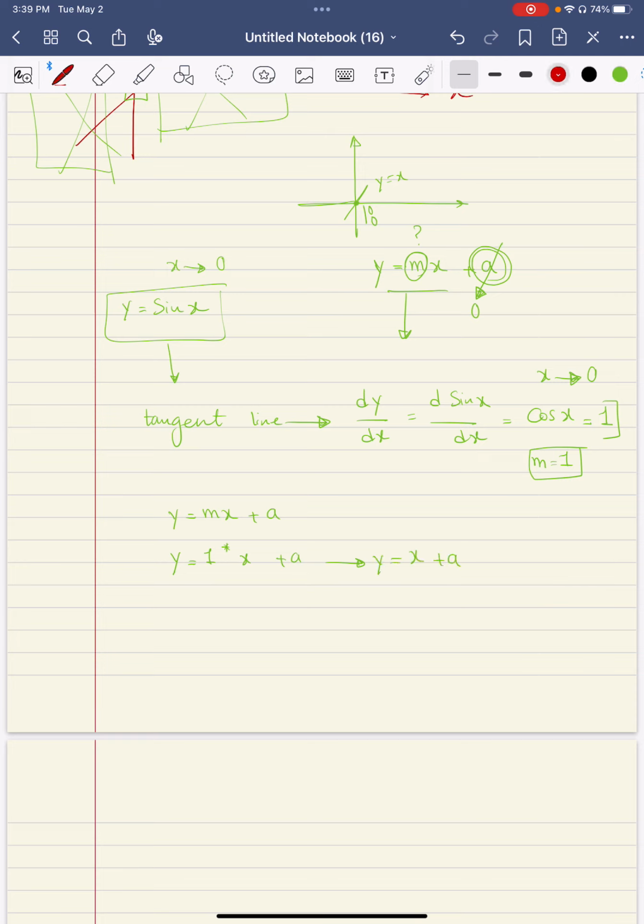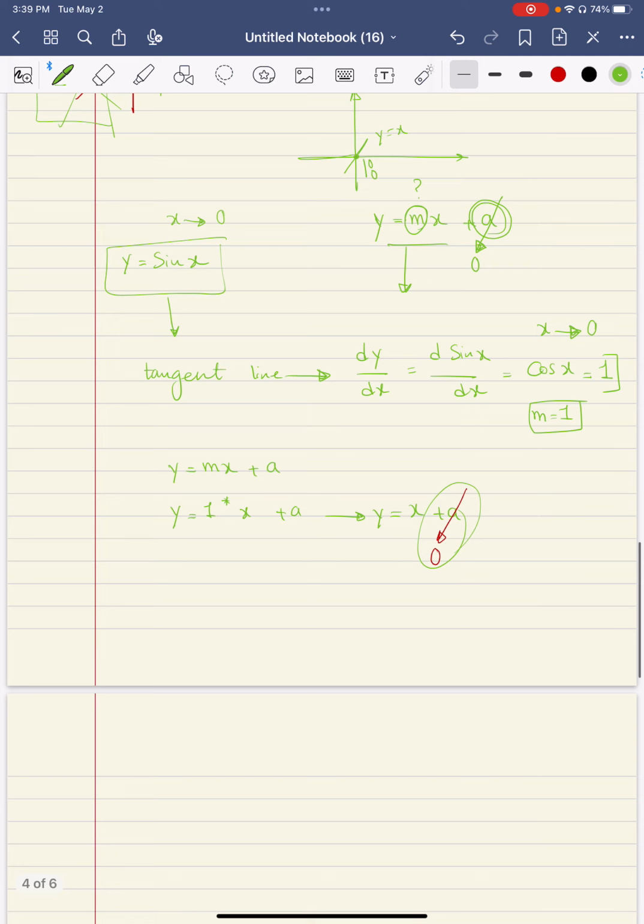Our a is 0. But some of you might be like, why is a equal to 0? Let's have a closer look. The only point that we do know exists is 0 and 0, right? So let's replace y equals 0 in this line. Let's replace our point. y equals 0, equals x, which is 0 again, plus a, right?